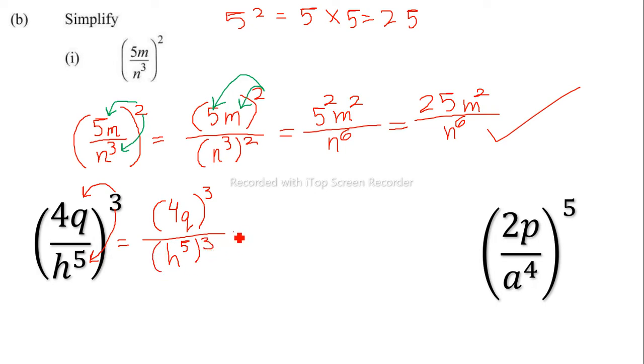The next thing we're going to do is take 3 and apply it to the 4, and take 3 and apply it to q. And so that means that we're going to have what?